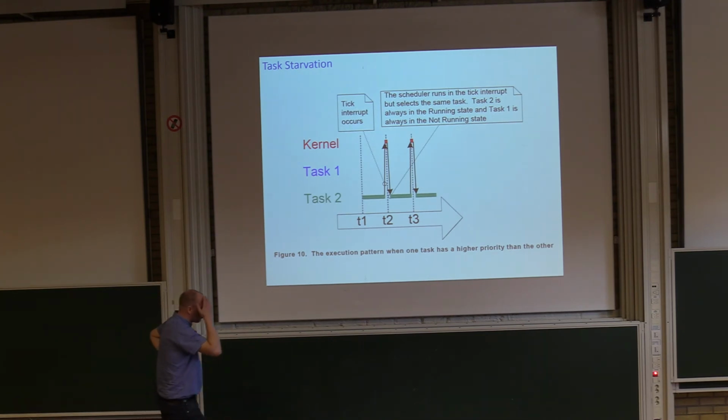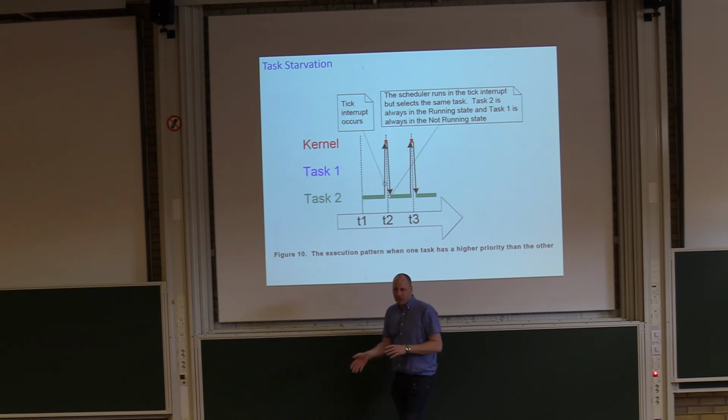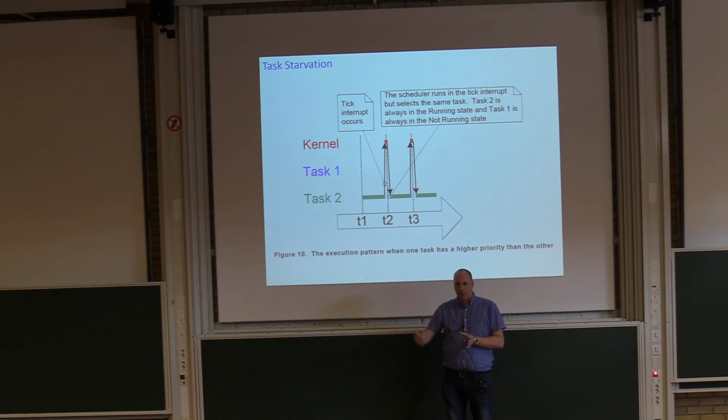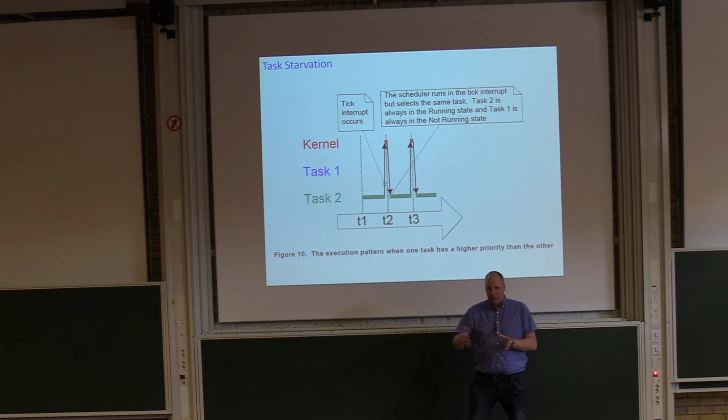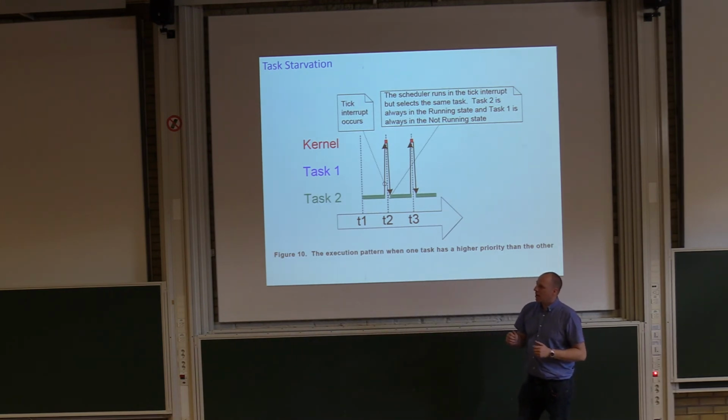And one reason is, of course, that one idea behind having these threads is that you would like to have a separation of concerns among the threads. So you think about one subproblem when you write one thread, and you think about some other subproblem when you write another thread. And basically, when you're implementing one thread, you don't know what the other threads that will be executed at the same time are, and what their priorities will be.